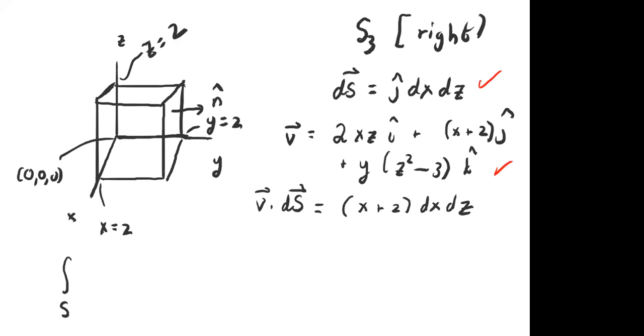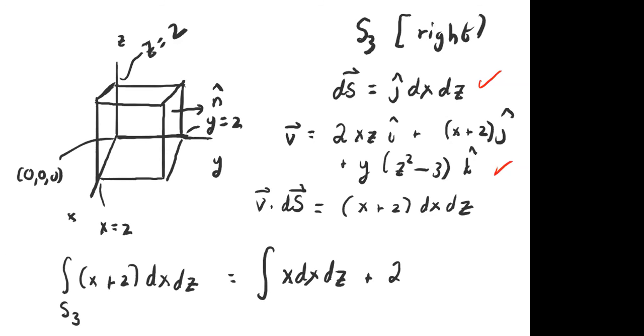So the surface integral over S3 is just going to be this creature, which is x dx dz plus 2 dx dz. There are two parts to do. Okay, so to go further, you need to look at the diagram.